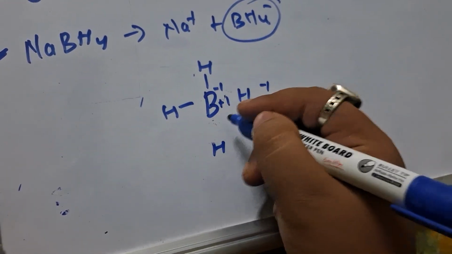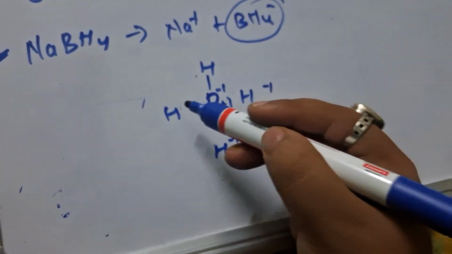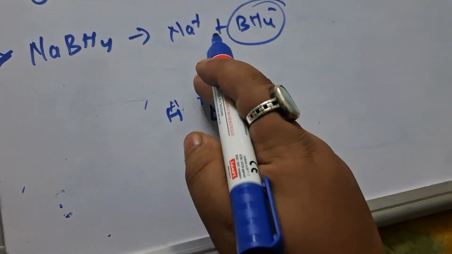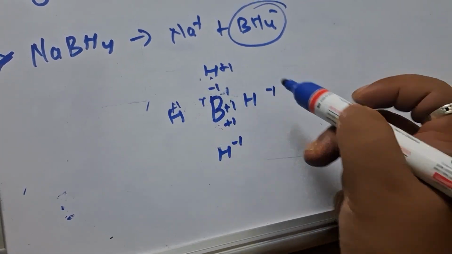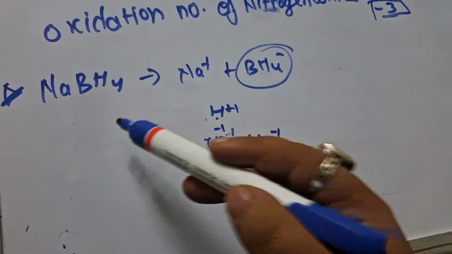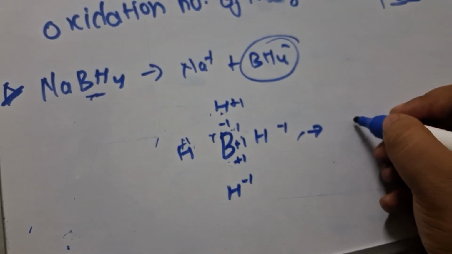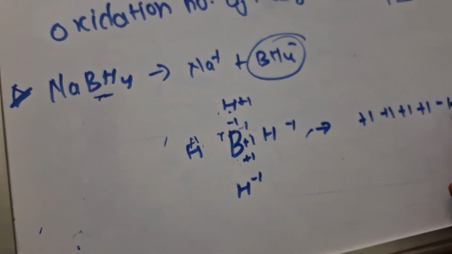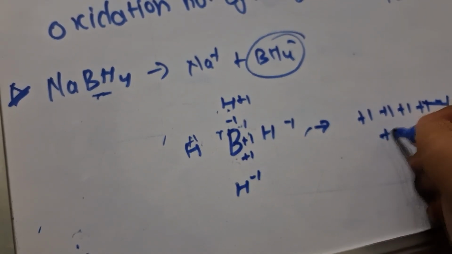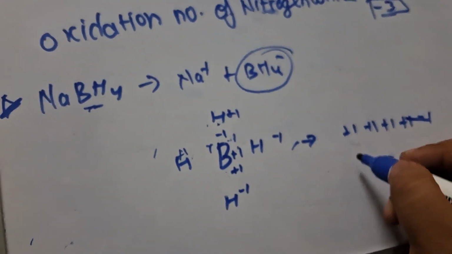When you break this bond, it will develop a +1, this will develop a -1. When you break that bond, +1, -1. And when you break this bond, +1, -1. So the oxidation state of this is +1, +1, +1, +1, -1. So +3.